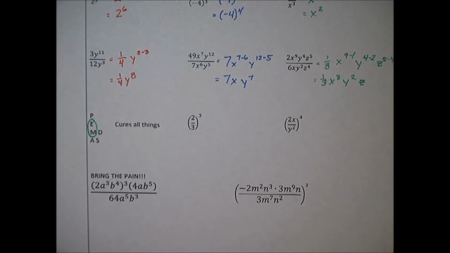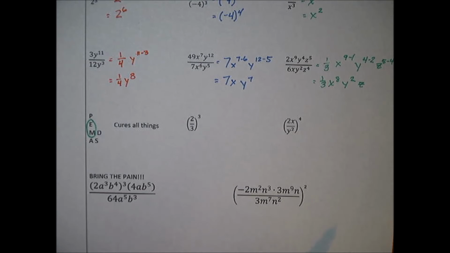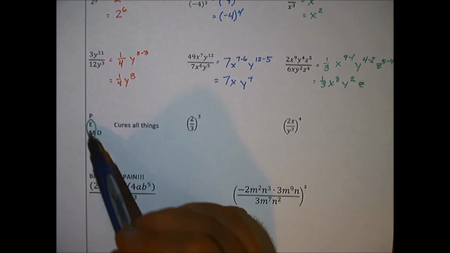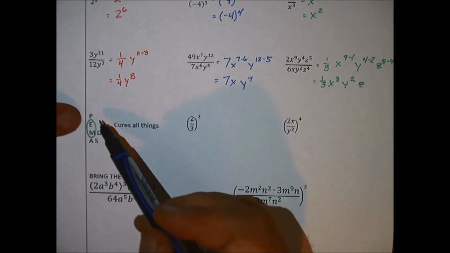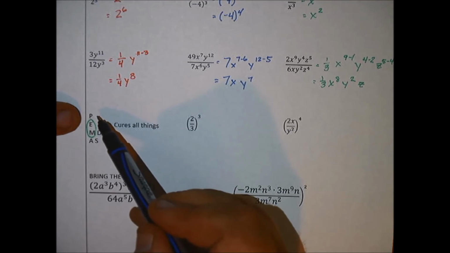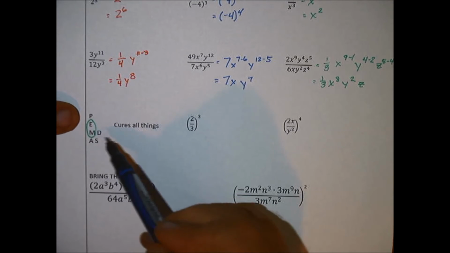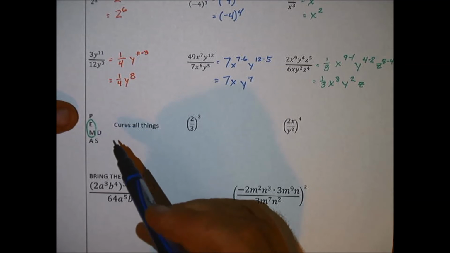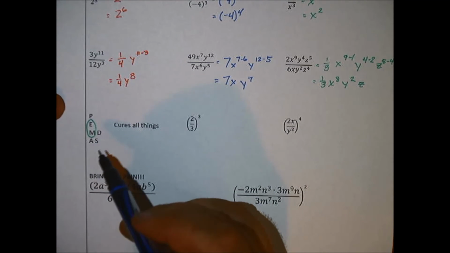Make sure you circle the same things that I do. The reason we write PEMDAS this way is because in the normal world, when you're just dealing with an expression, you do parentheses, exponents, multiplication and division, and then addition and subtraction.